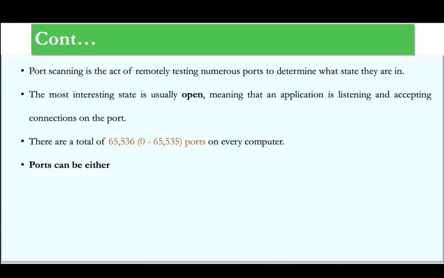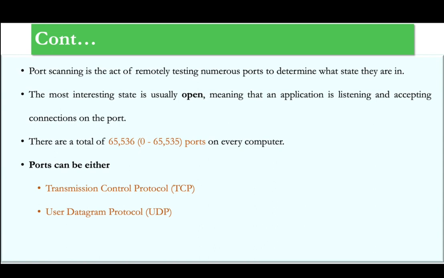The ports can be either Transmission Control Protocol ports or User Datagram Protocol ports, depending on the service utilized or the nature of your communication, like whether you are using a remote connection or checking vulnerabilities in the Domain Name System or the Dynamic Host Configuration Protocol.